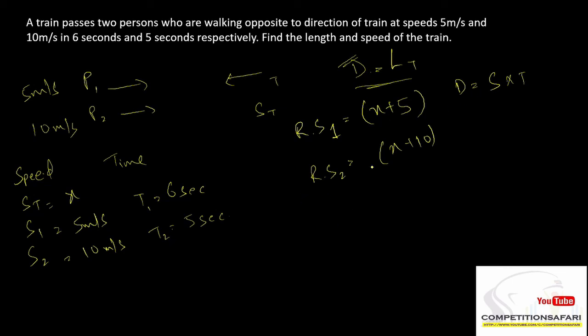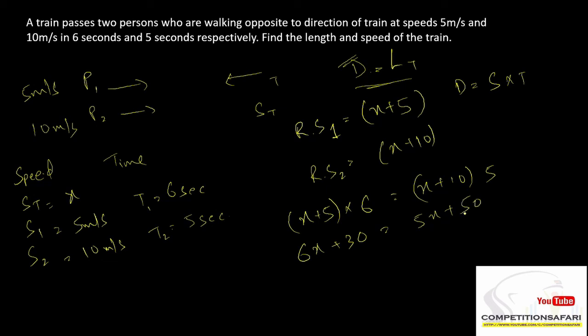Since distance is the same, we can write x plus 5 into total travel time 6, which is equal to x plus 10 into total travel time 5. If we equate this, we'll have 6x plus 30 equals 5x plus 50. If we solve for x, we'll have 20 meters per second.